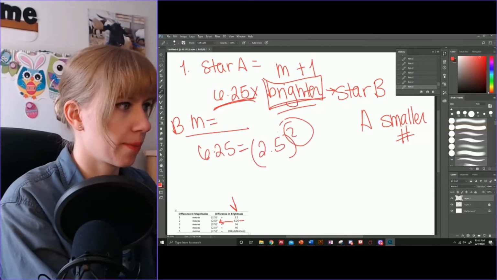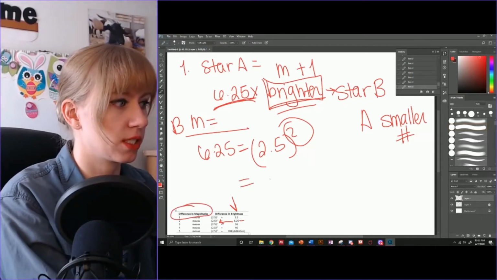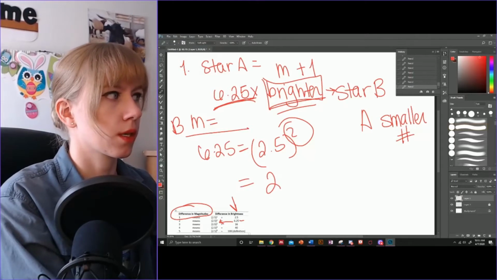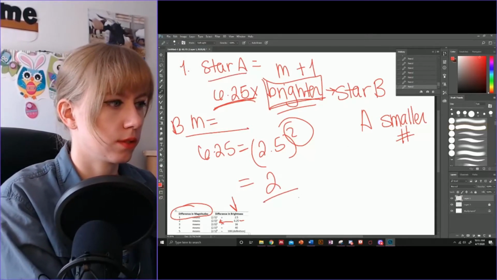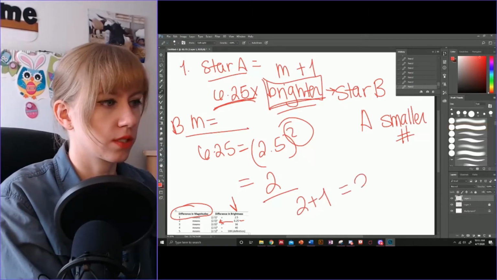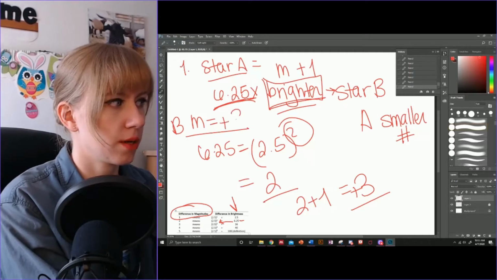Okay? And that power is what is important because that means the difference in magnitude is 2. Okay? And since A is brighter, that means we add 2 to 1, which gives us positive 3. And so that makes the apparent magnitude of B positive 3.